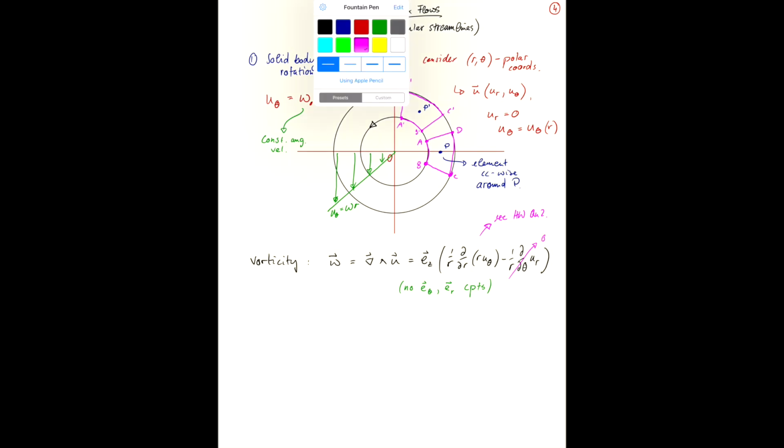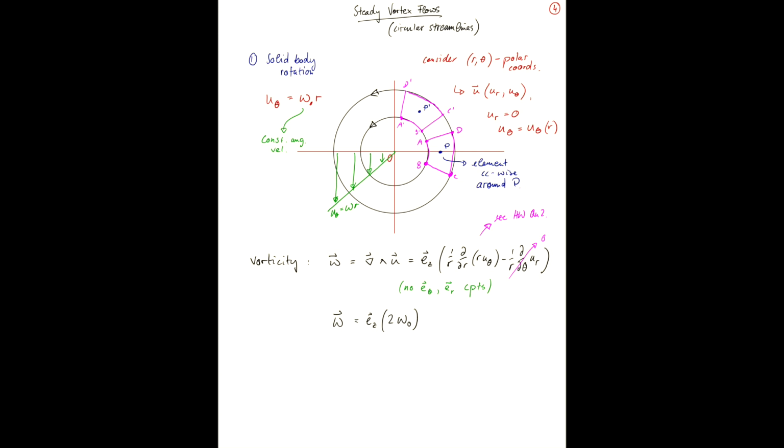So we'll find that omega is really just Ez times 2 omega 0, or in component form, you would write it as 0, 0, 2 omega 0.